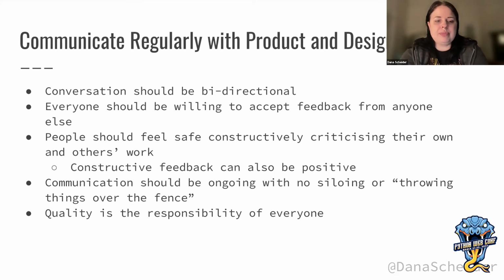During a TQM process, communication should be ongoing, and at no point should anything be thrown over the fence to the next team, absolving the previous team of responsibility for anything that happens after that point.